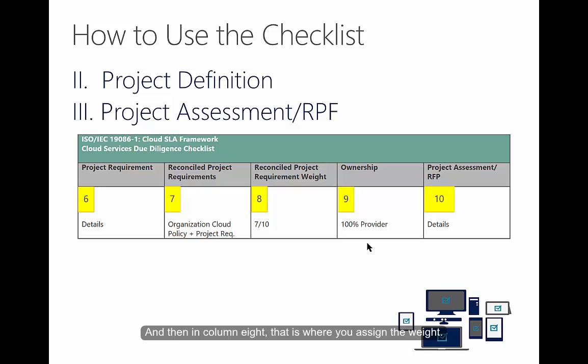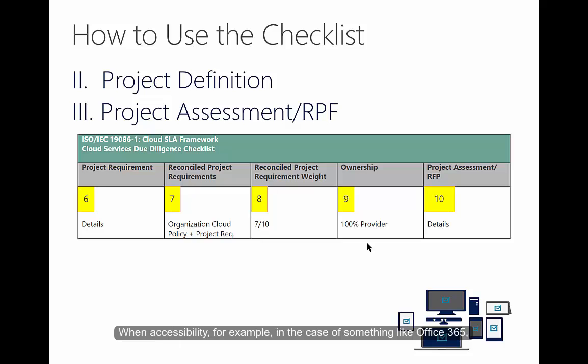And then in column 8, that's where you assign the weight. And of course, the weight will be a new assignment for things that are more technical specifically to the project. Last, in column 9, that's where you do the ownership assignment. So I'll go back to the example of accessibility.